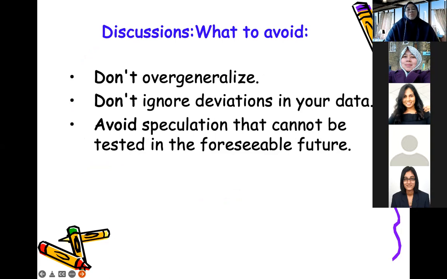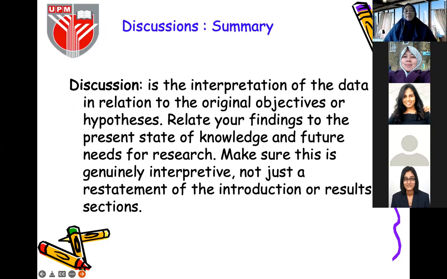Avoid speculation. I have shown you the example for the thesis, so that's the way we write scientific papers as well, but in a simpler way, because a thesis has to be very comprehensive and detailed, but for a journal you can reduce a lot because you have limited pages.